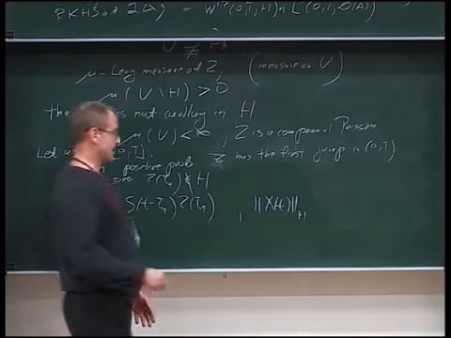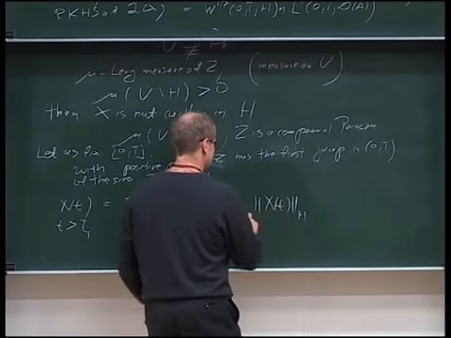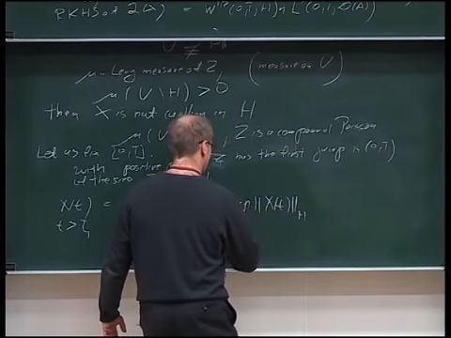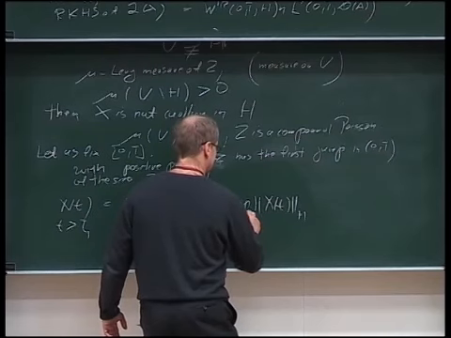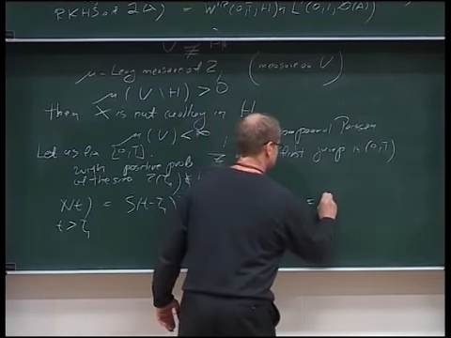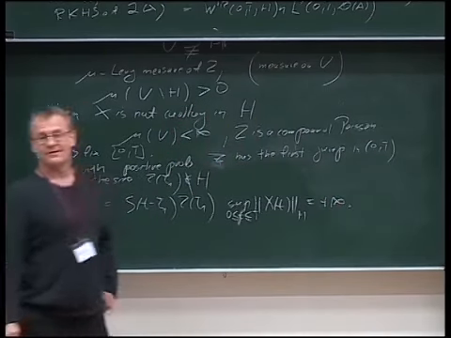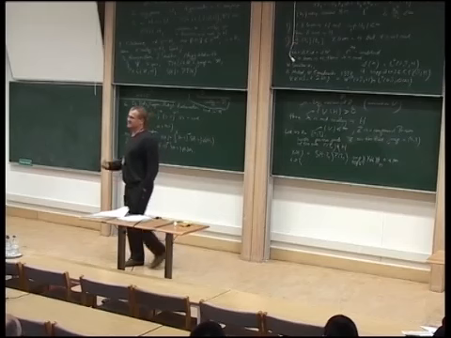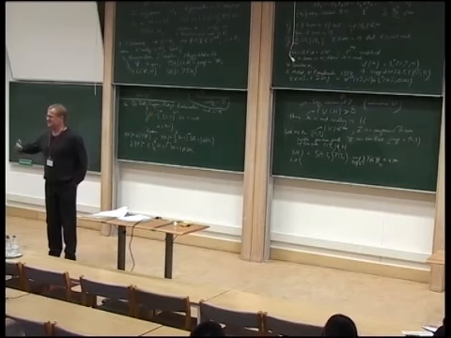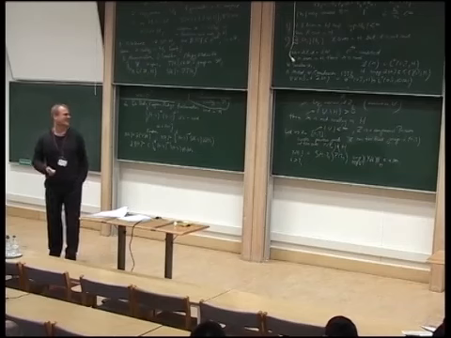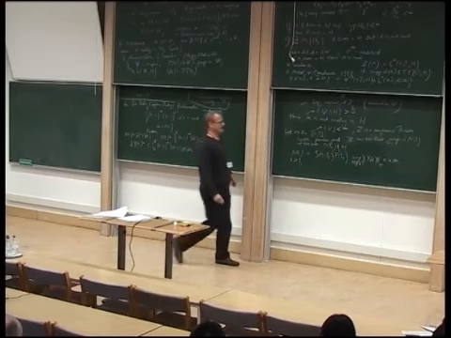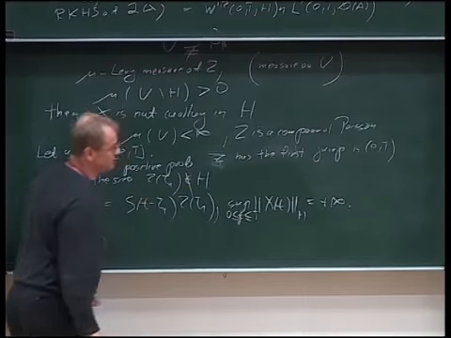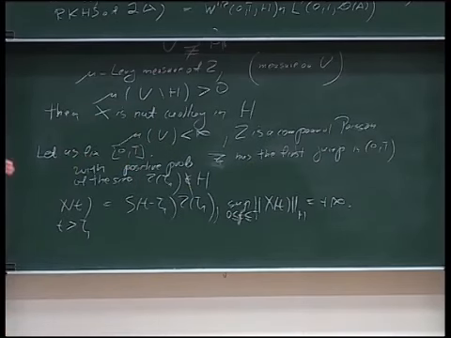But if we calculate the supremum, it is plus infinity, because there is an element which is from U, not from H. So it's a very simple argument. And so the trajectories are not càdlàg, not continuous, not bounded.